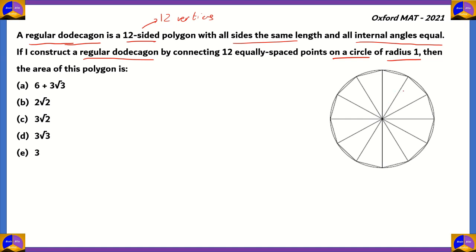So its radius is going to be 1, and if we look at it, we can essentially construct 12 isosceles triangles, which is how we're going to solve the question. Because here we need to find the area of the polygon.